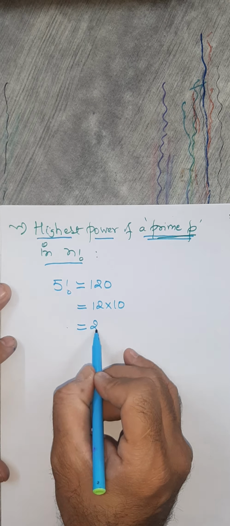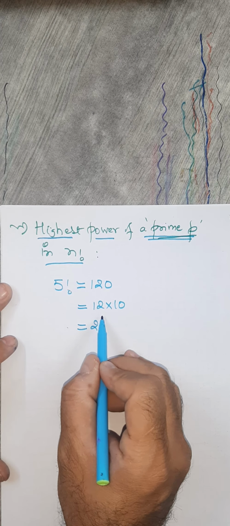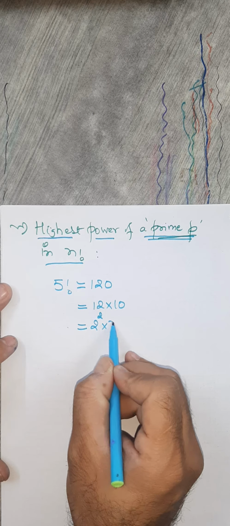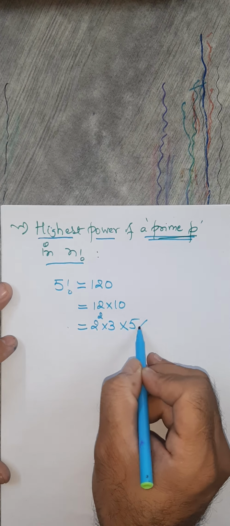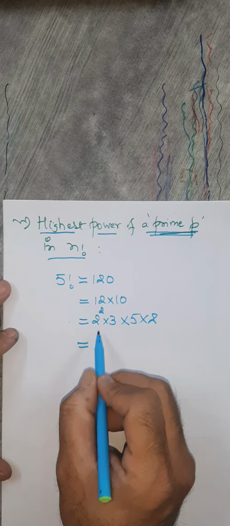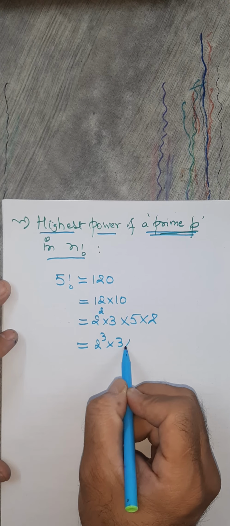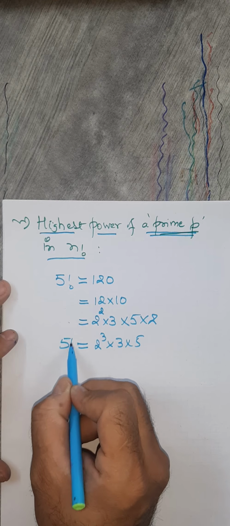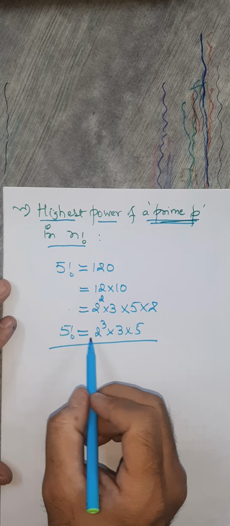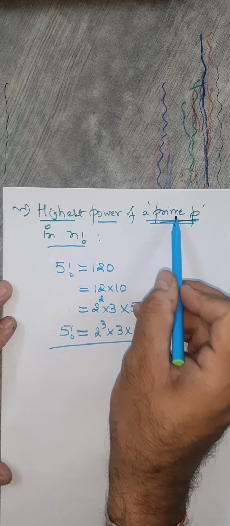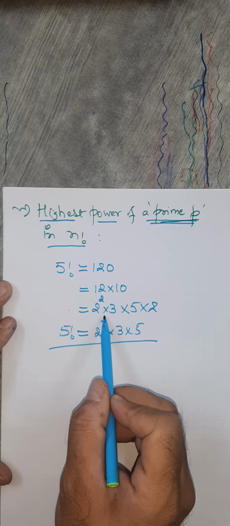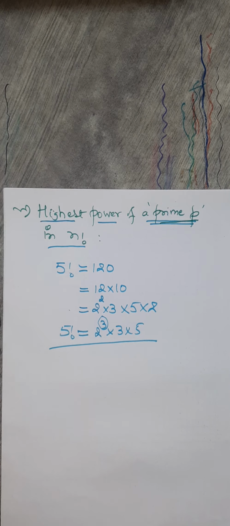So I can write 4 into 3, that is 2 square into 3 into 5 into 2. So what's the total power of 2? 3. So 2 cubed into 3 into 5. So if I asked you what's the highest power of prime 2 in 5 factorial, so answer is 3.